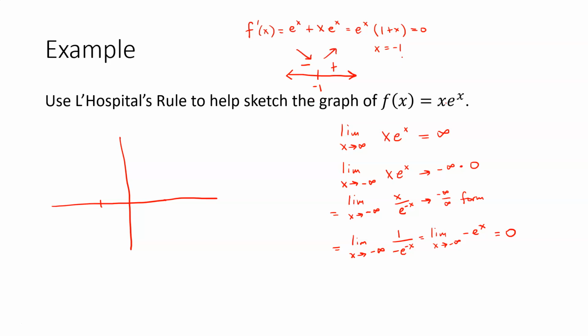So it looks like we have a local min at x equals negative 1. So I think our graph would cross through 0, 0, hit a local min at negative 1, and then tend towards the x-axis as it goes to the left, and keep going to infinity as it goes to the right.